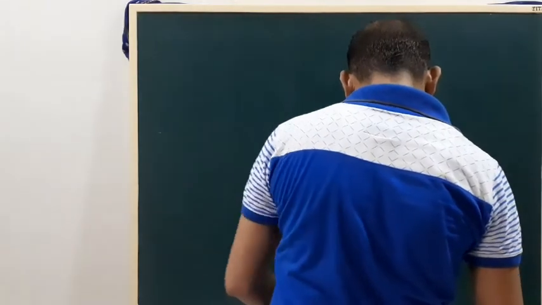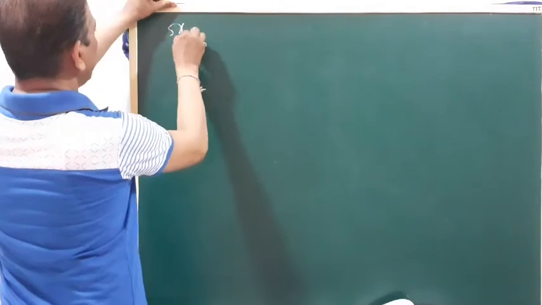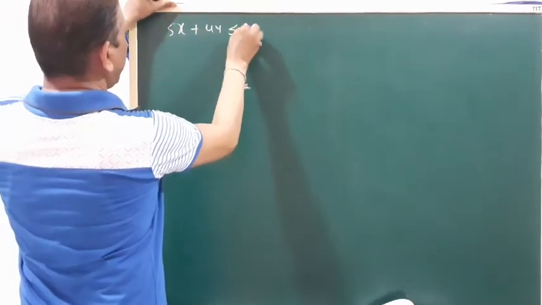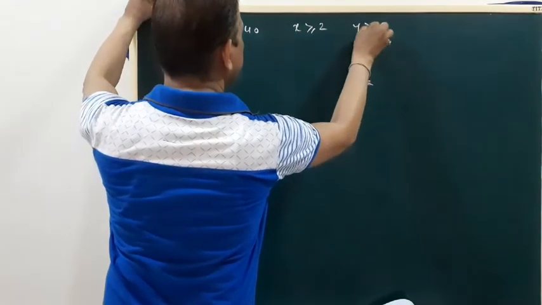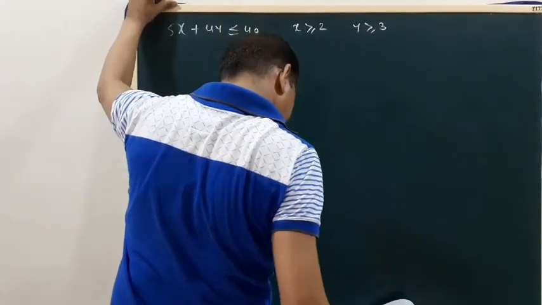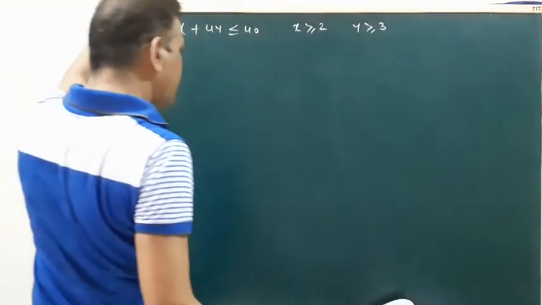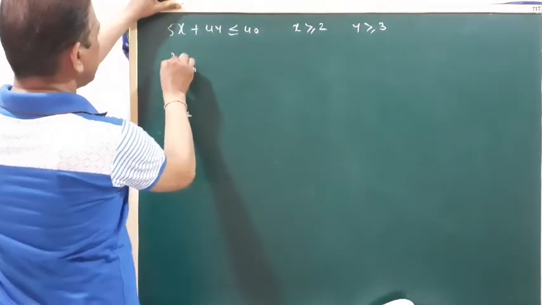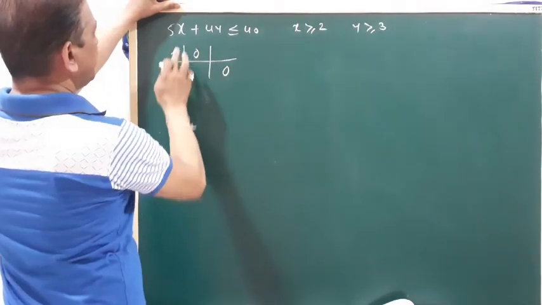Example number 13. 5x plus 4y less than or equal to 40, and x is greater than or equal to 2, y is greater than or equal to 3. First we prepare the table.